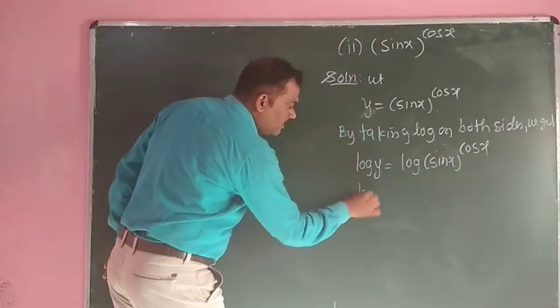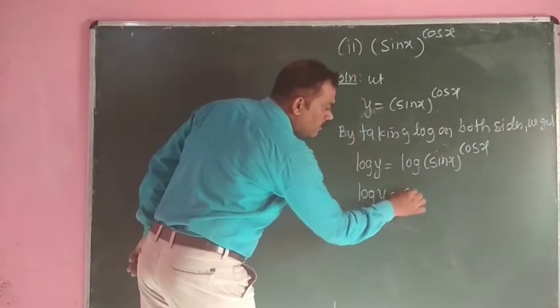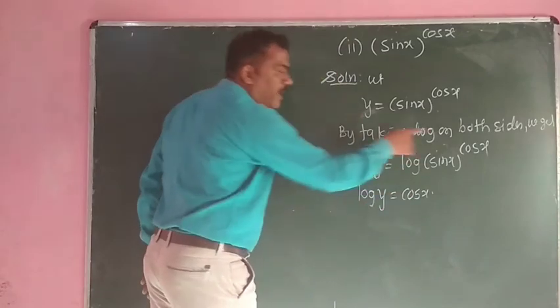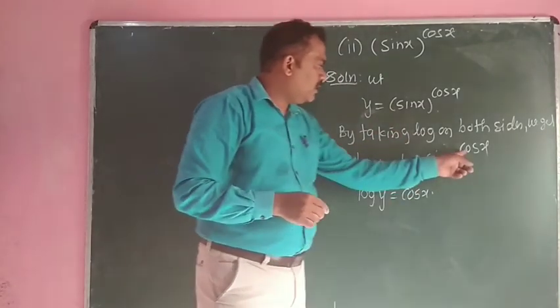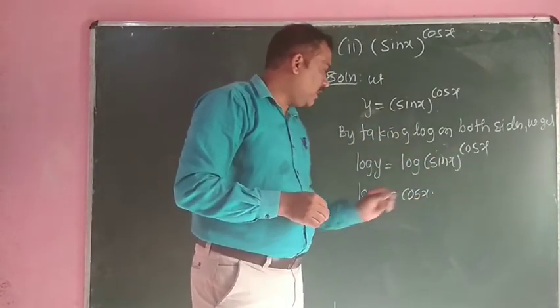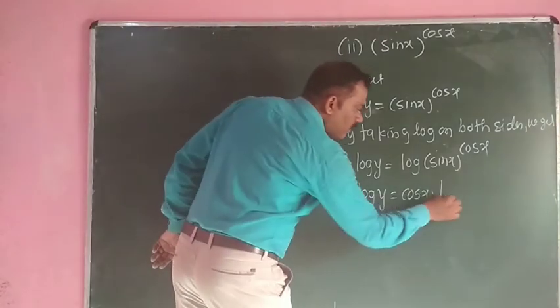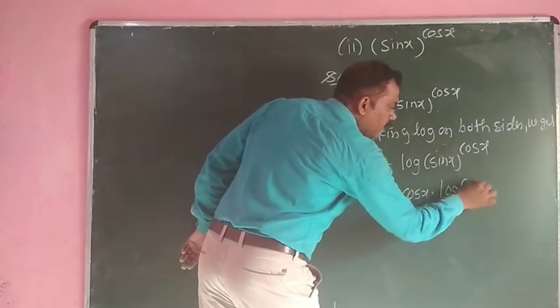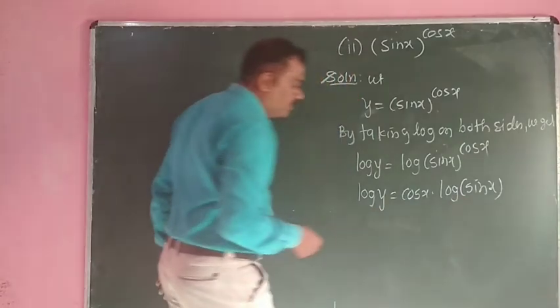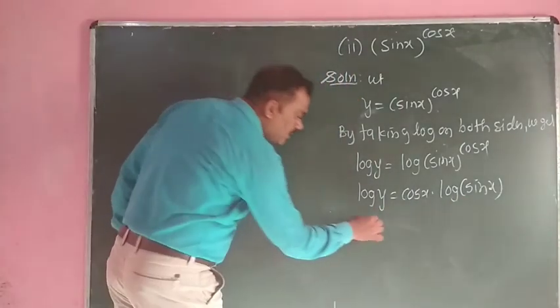That is nothing but log of y is equal to cos x into, by using the laws of exponents, here the power is cos x, we have to multiply it to the log, that is cos x into log of sin x. Now we have to differentiate this with respect to x.